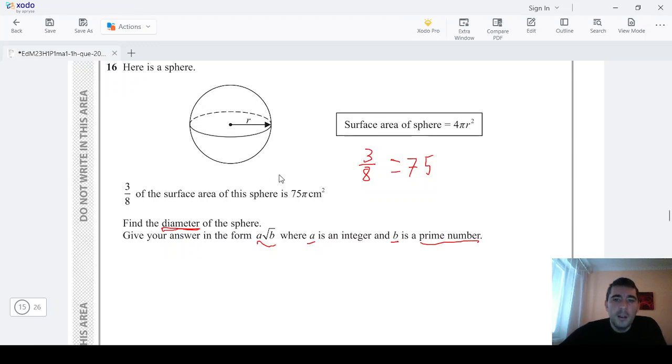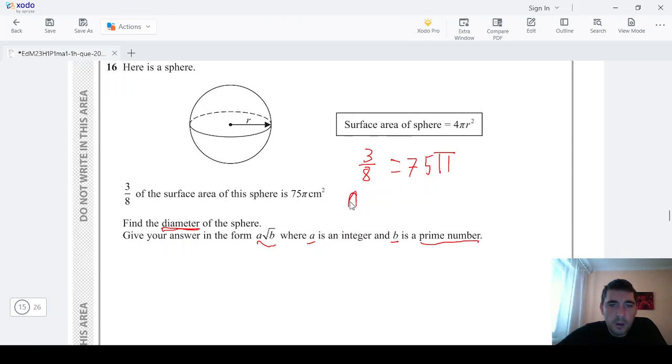Okay, so we've got 75 pi, and that's a fraction of the area. To work out the full area, we need to do the opposite to the fraction. We need to multiply by 3 and divide by 8... I just do to work out the surface area.